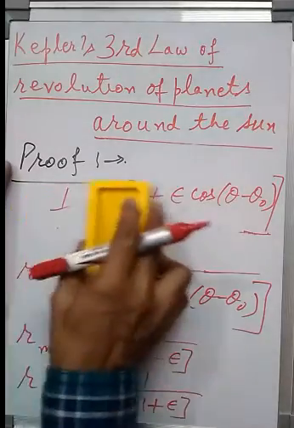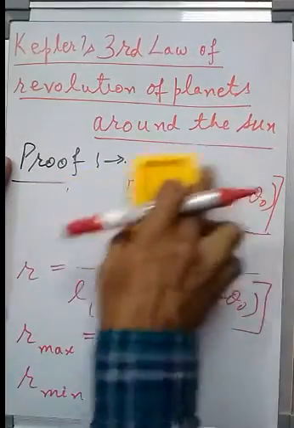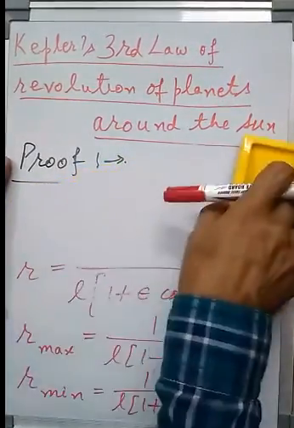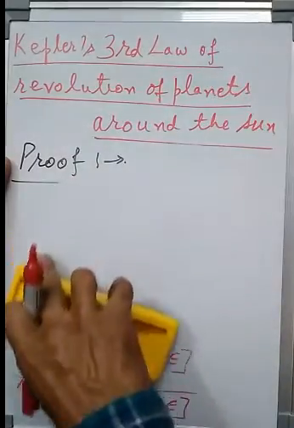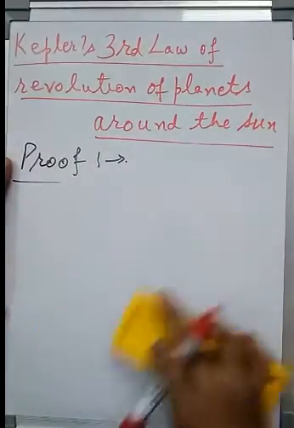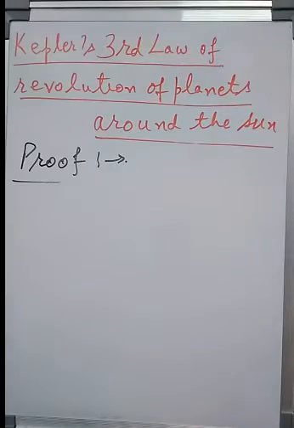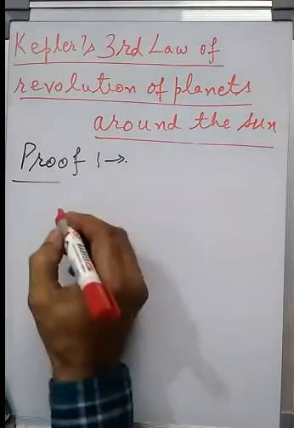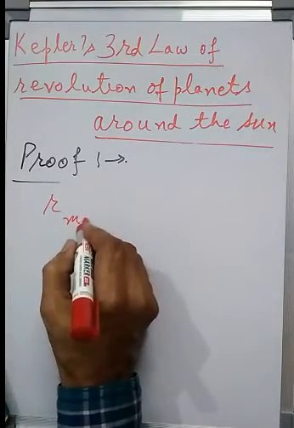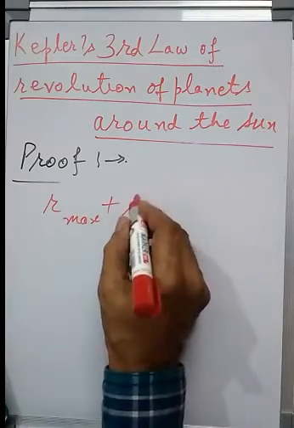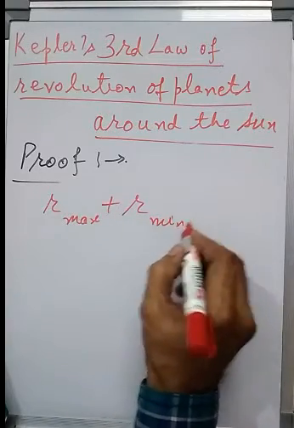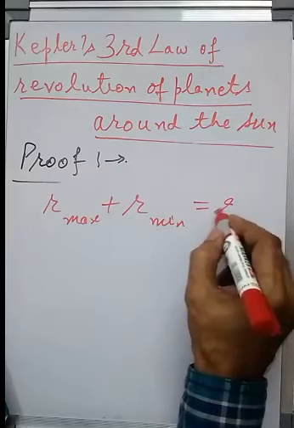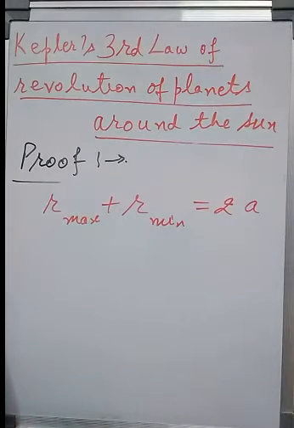Now look at the diagram I drew in the starting. That diagram can help us in going further in this proof. From that diagram I can write r maximum plus r minimum is equal to 2a. It is very clear from the diagram.